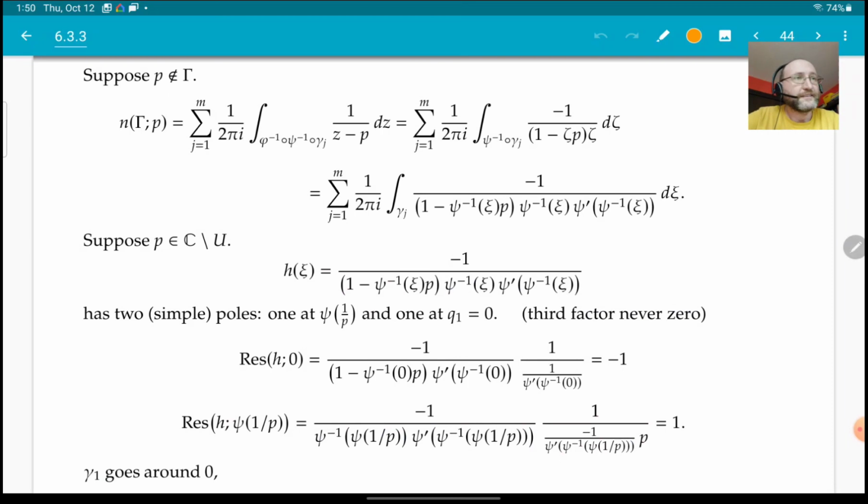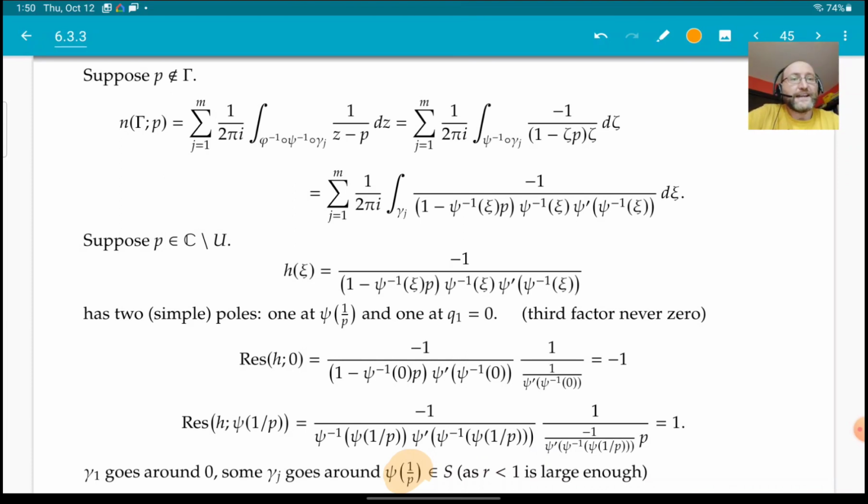Now, gamma 1 goes around 0, and some other gamma j will go around phi of c, of 1/p, right? Because r is large enough so that we go around everything, right?